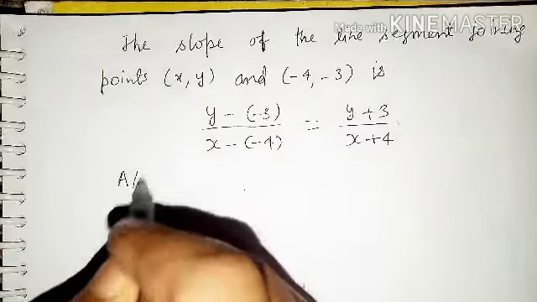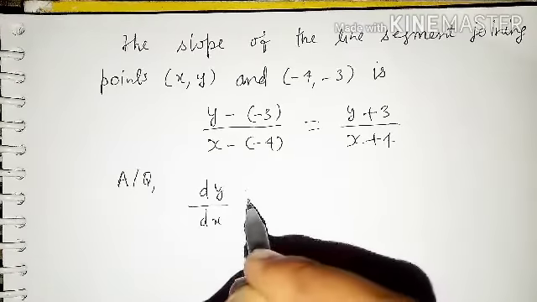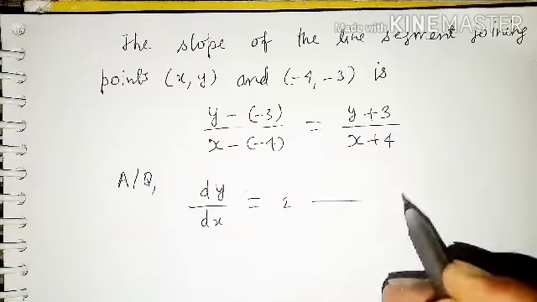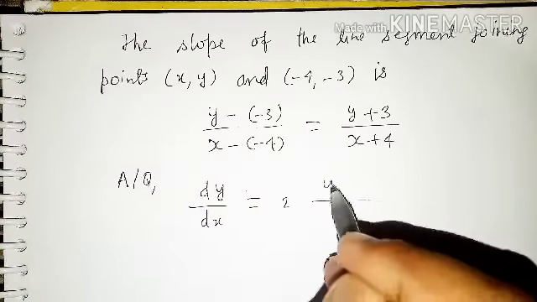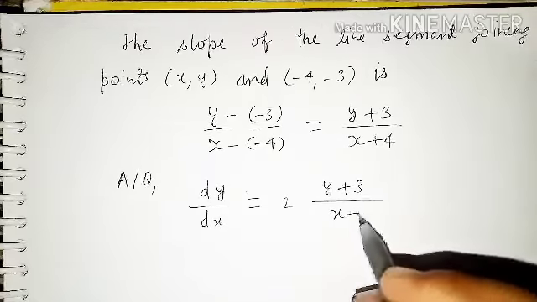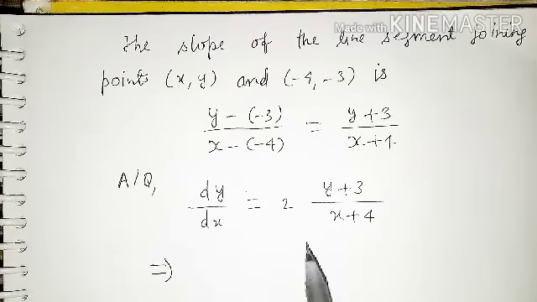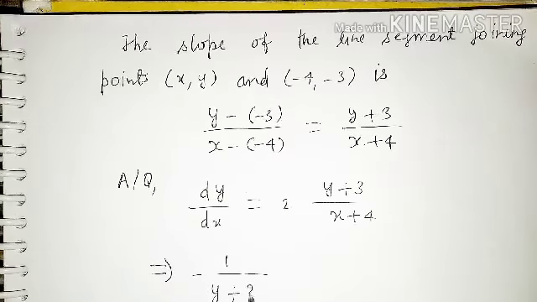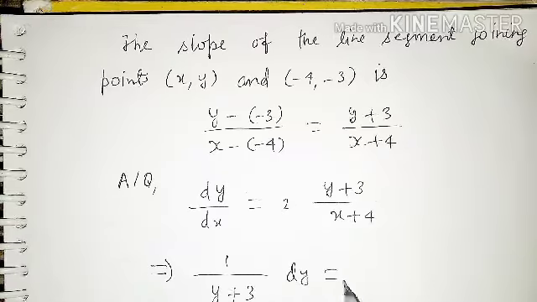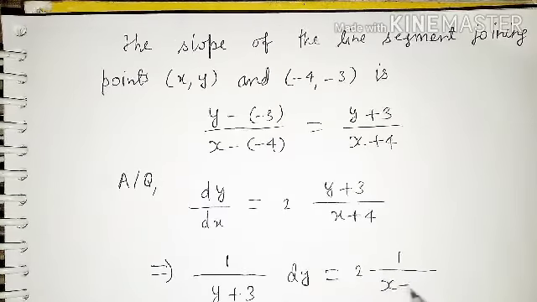According to the question, the slope of the tangent is 2 times the slope of the line segment joining these 2 points. This implies that we can write it as 1 by (y plus 3) dy is equal to 2 into 1 by (x plus 4) dx.